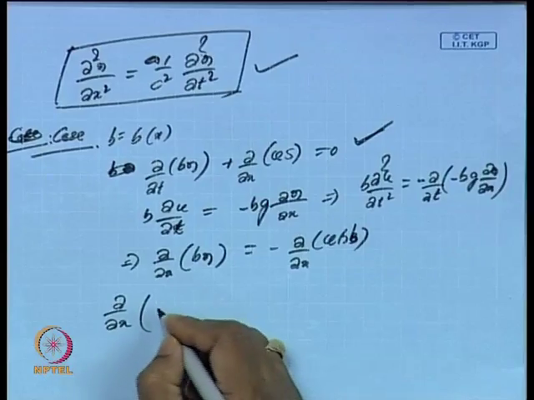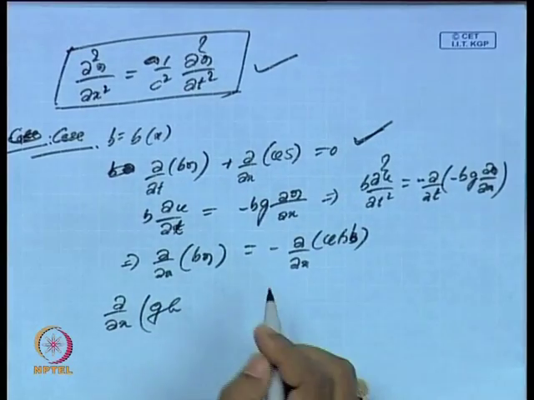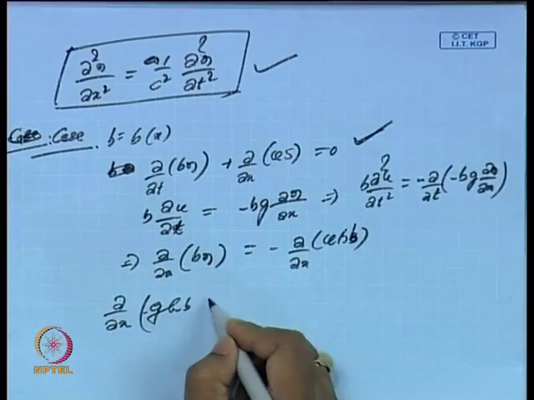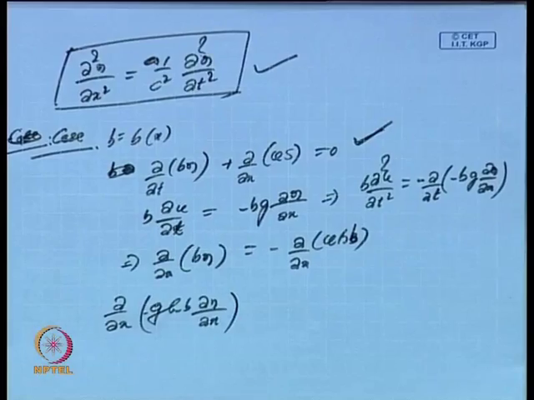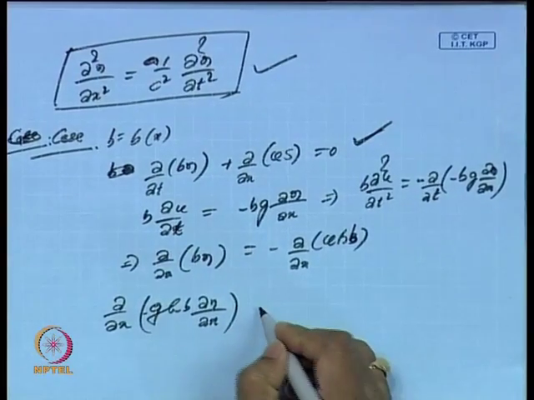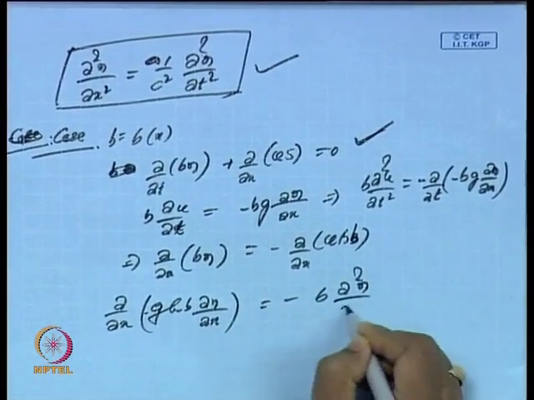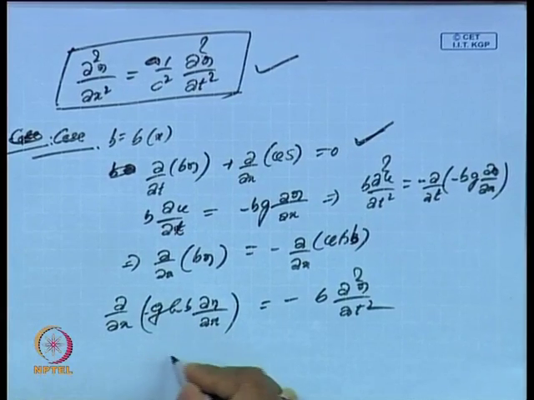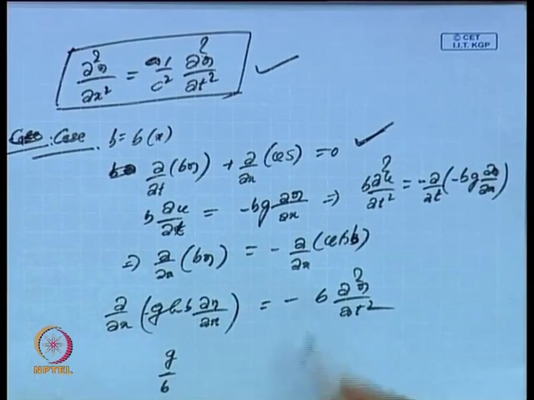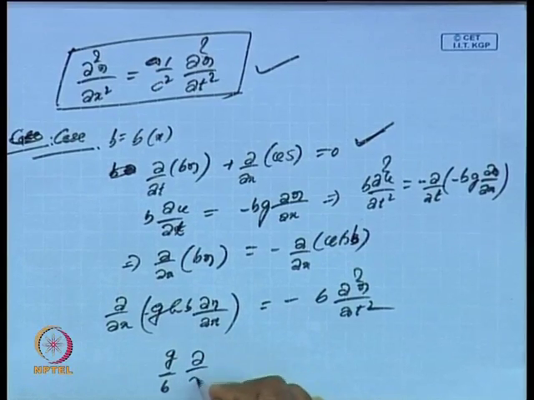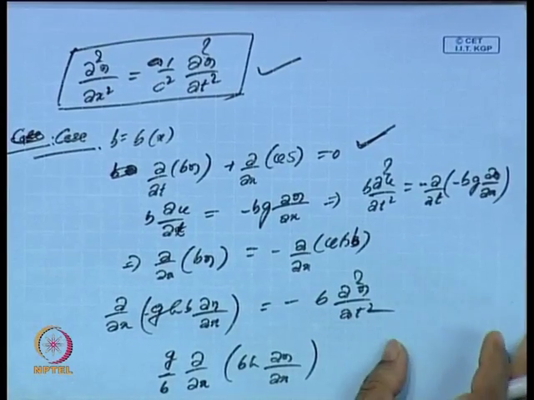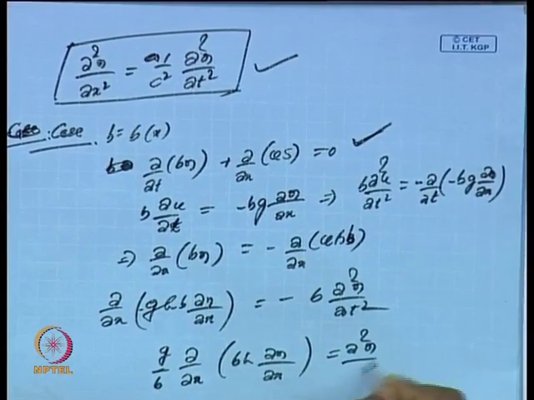So, I can easily get a del by del x of g h, minus g h into b, into del eta by del x, then this gives minus b del square eta by del t square, and again this will give me finally g by b. I can easily get it with little juggling, del by del x of b h del eta by del x is equal to del square eta by del t square.